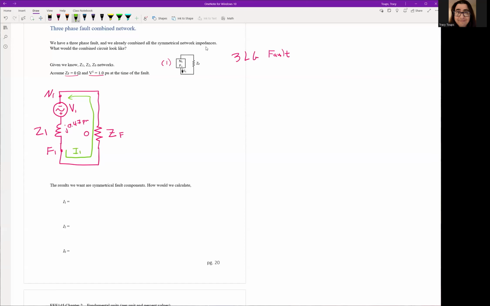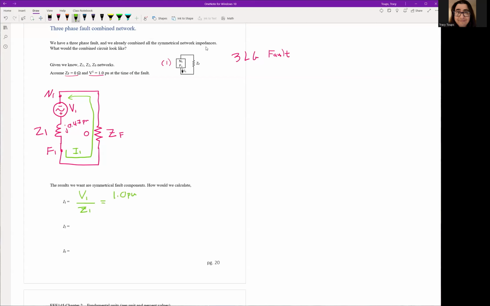So what's my fault current I1? In this case, I1 is just one voltage source and one inductor. We're not using the resistor because it's 0. So it's pretty much just Ohm's law, nothing fancier than straight up Ohm's law. So we do V1 over Z1. Now V1 is 1.0 per unit.